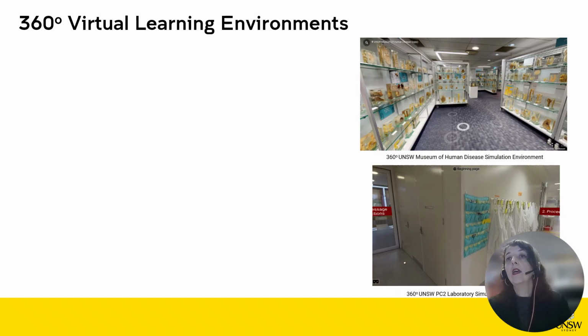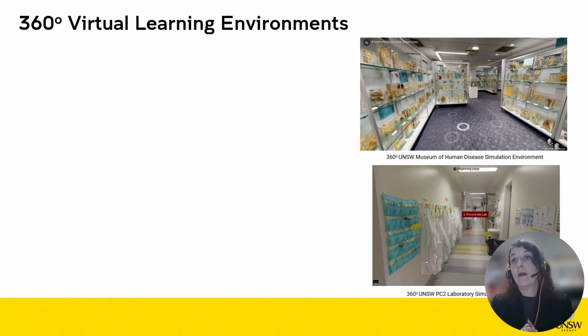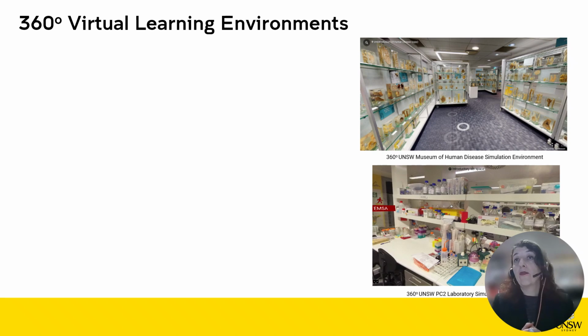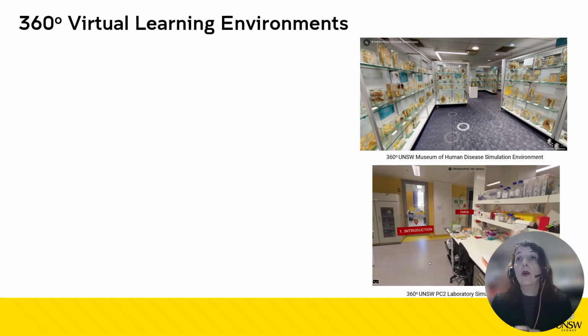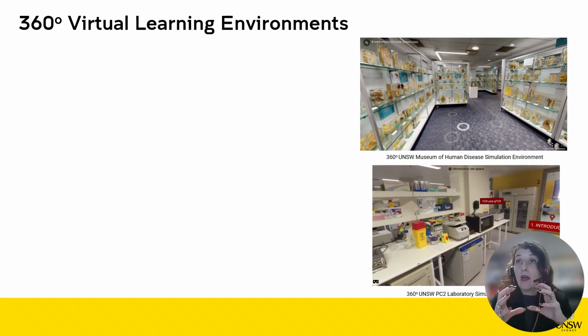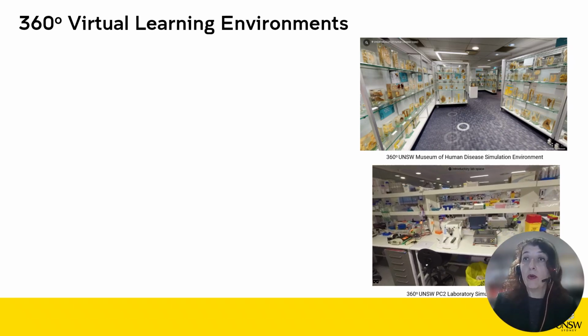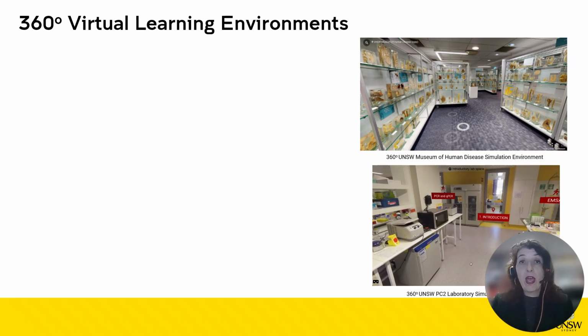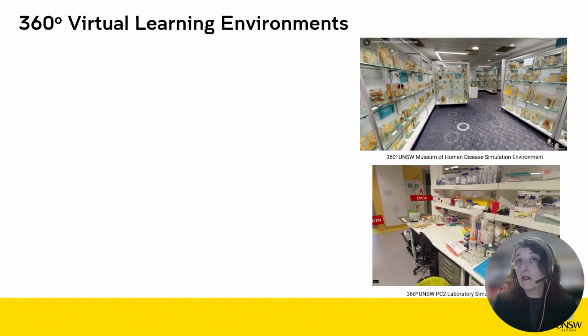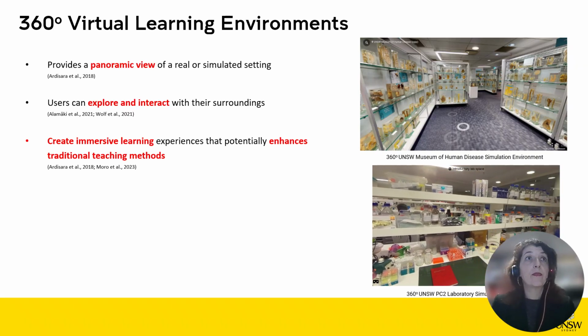Down below, you see the environment that Manisha produced with a 360-degree camera, where she was able to record various scenes within a laboratory and create a real live space for students to learn within.